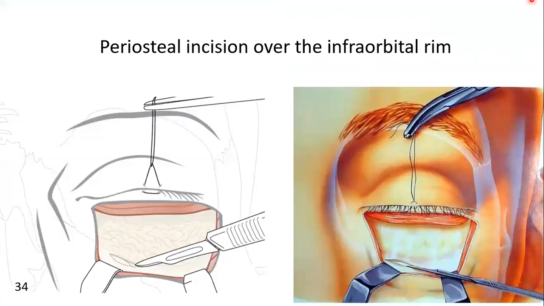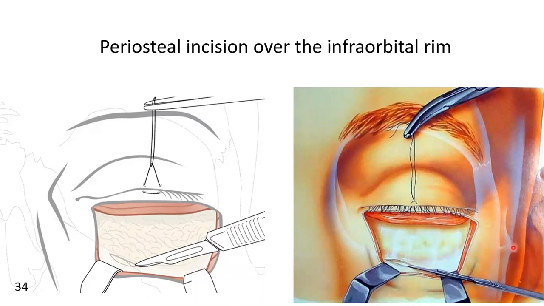Next, the skin muscle flap is retracted inferiorly. Here you can see, inferiorly over the anterior edge of the infraorbital rim along its whole horizontal extent. An incision through the periosteum at this level should avoid the orbital septum and is inclined to the lateral side.